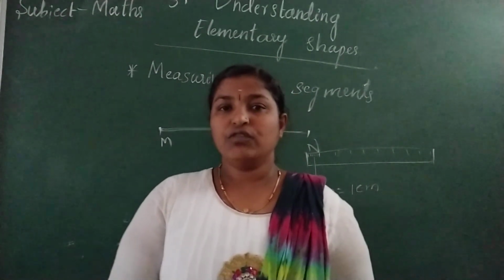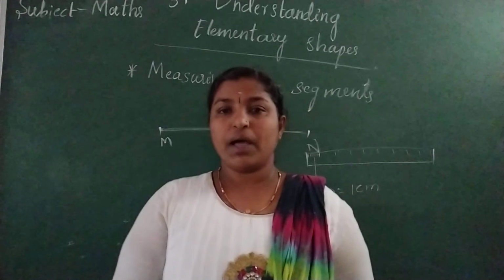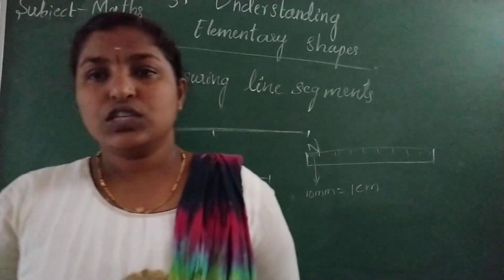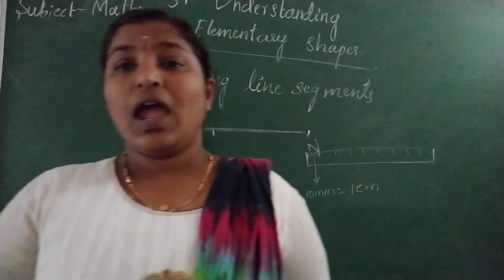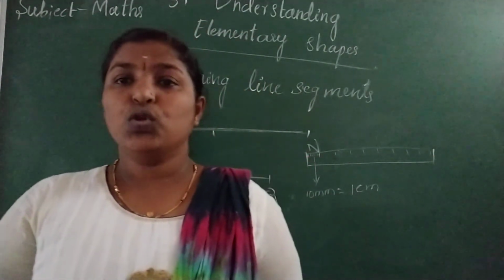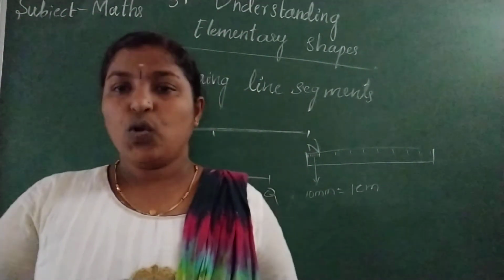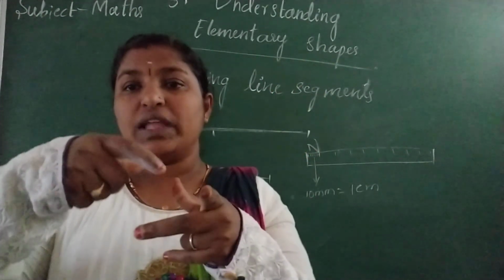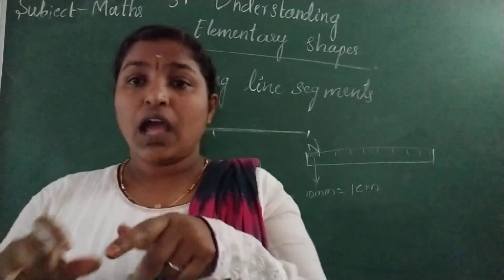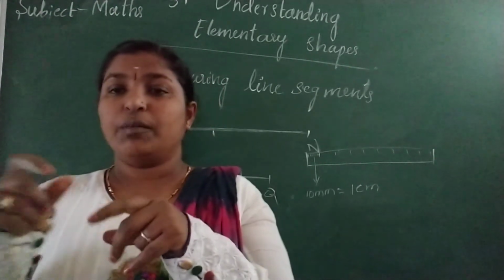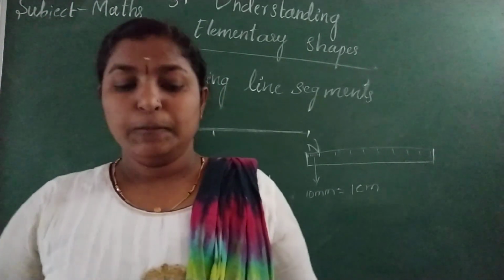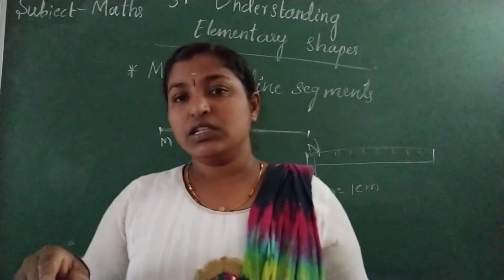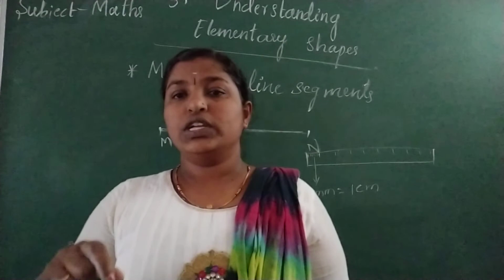Now you will have the usage of ruler, compasses, protractor and the divider. These four things you need to know about, and you should know how to use these instruments, how to hold the ruler, how to fix the pencil in the compasses, how the edges of the pencil in the compass should be, and how to read the protractor for angles. These all things you need to learn.